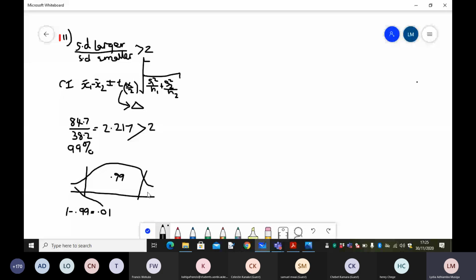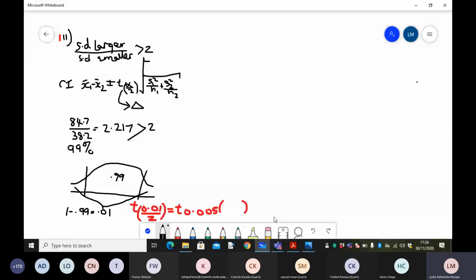So what I need here is t of 0.01 divided by 2, which is t 0.005. But remember, we also need the degrees of freedom. The degrees of freedom are given by delta. So we need to calculate delta.